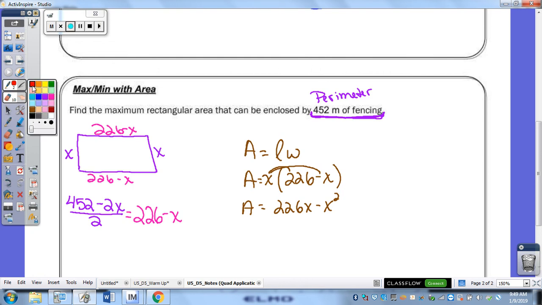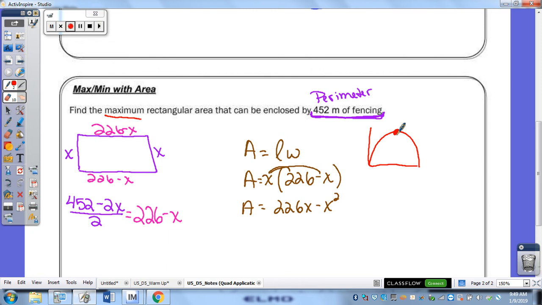So again, because this has a negative x squared, if I were to graph it, it would be an upside down parabola like this, because it's got that negative x squared. It always makes it go upside down. We're trying to find the maximum area. So we're trying to find the vertex there. That's the maximum area for this one, because we're talking about area, not height.